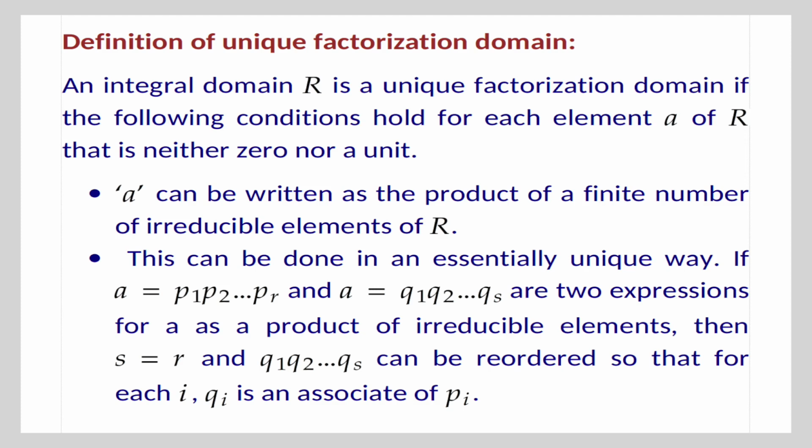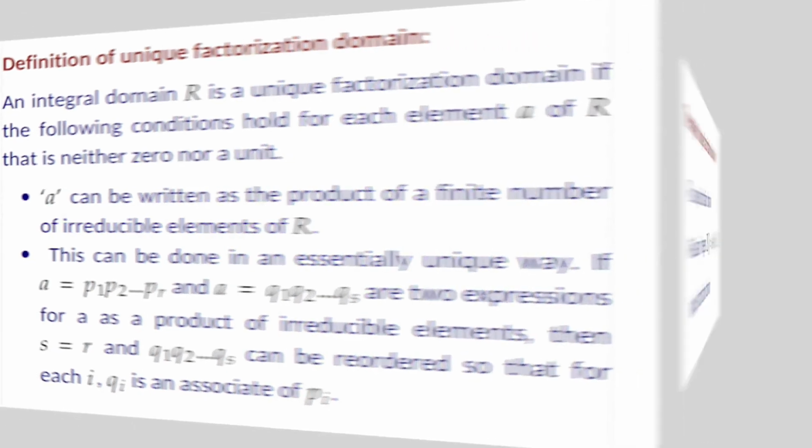If a = p1 p2 ... pr and a = q1 q2 ... qs are two expressions for a as a product of irreducible elements, then s = r and q1, q2, ..., qs can be reordered so that for each i, qi is an associate of pi.